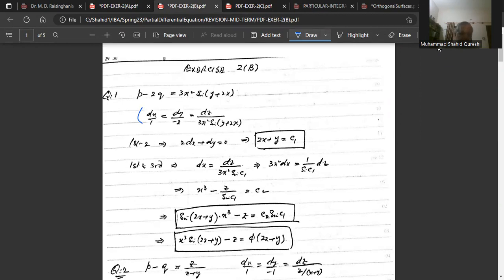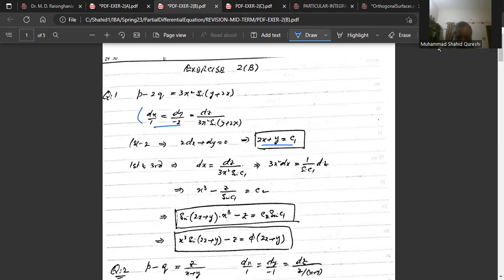In fact, we get 3 pairs and we can integrate them directly. But in type 2, we may get a pair which can be integrated directly, but then that solution is used to produce the rest of the solution. So in this particular example, dx upon 1, dy upon minus 2, and dz upon 3x squared sine y plus 2x.